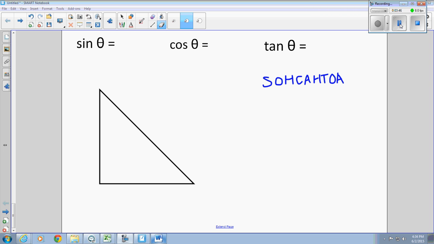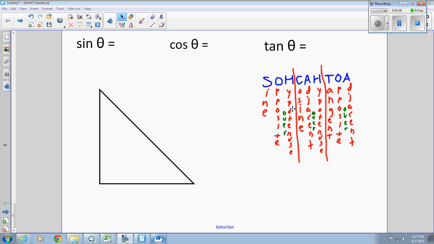SOHCAHTOA means sine is opposite over hypotenuse. Cosine is equal to adjacent over hypotenuse. Tangent is opposite over adjacent. It's a way people remember this.